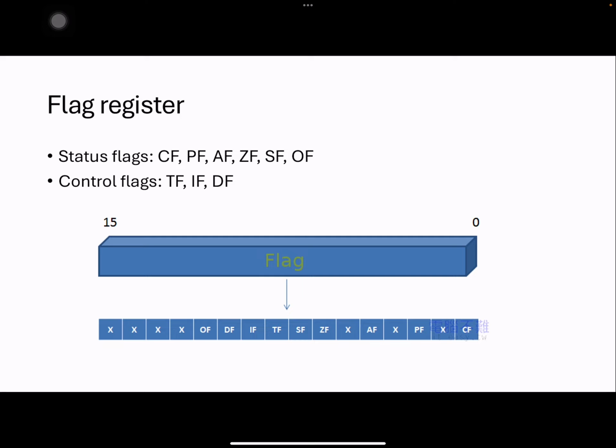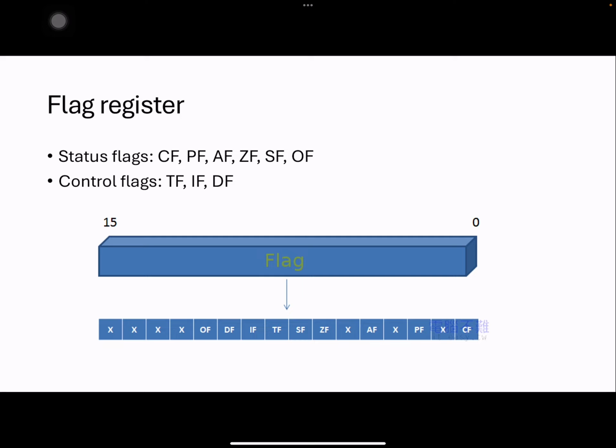And then the flag register. The flag register has 16 bits, but only 9 bits are used. So we can see there are 9 flags in the flag register, and we can separate them into status flags and control flags.